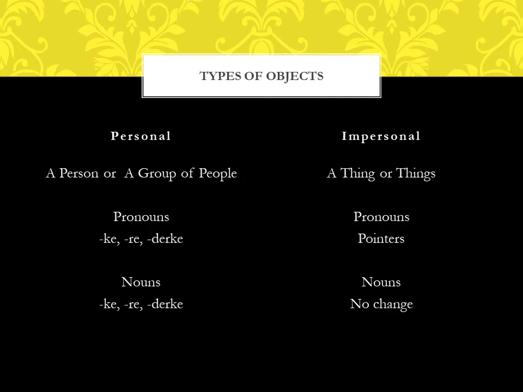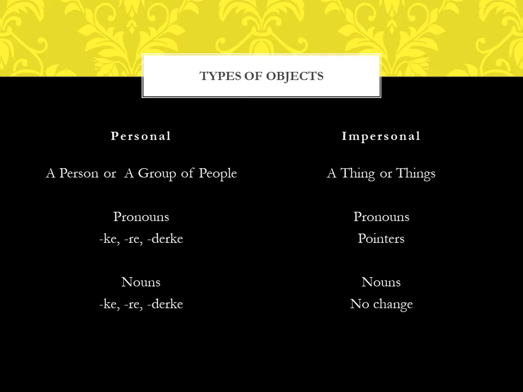So we will divide objects into two types, personal and impersonal. By personal, I mean when the recipient of the action of the verb is a person or a group of people. Now, this class of personal objects might include both pronouns and nouns.